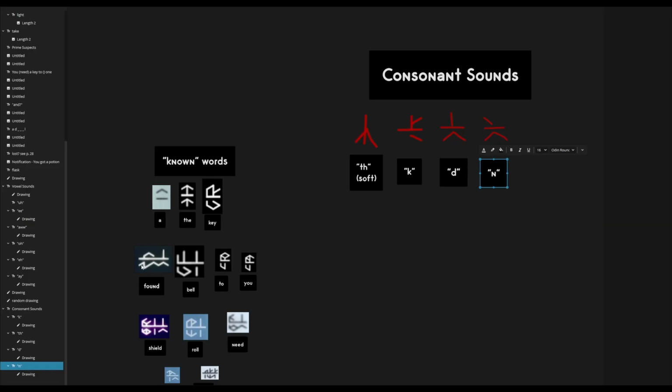What I'm trying to parse out here is ow is a diphthong. It's technically two sounds. I'm guessing then this is F, because I don't have the ow in found written down under my vowel sounds. But we know it's a line here, a line here, and here. Oh, that looks odd. Hang on.